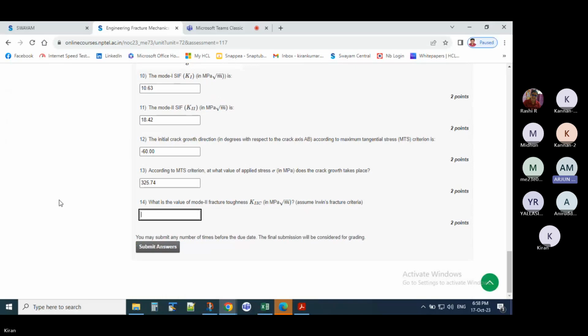I cross-checked twice and was getting the same value. Maybe you can calculate again using that ellipse formula, K1 by K1C whole square. The only thing is we need to check with this MTS criteria.